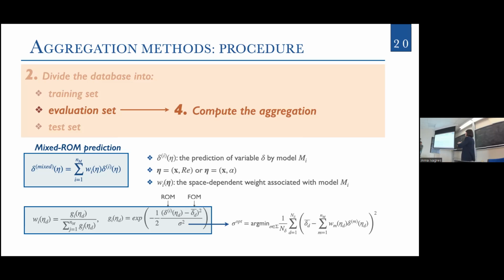It's not like a parameter in the reducible model, but here the prediction also depends on the space that you consider. Ideally, you can extend this approach to different meshes by adding the space dependency in the aggregation. It can be an idea for the future.